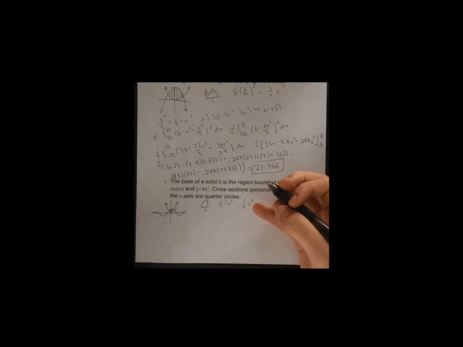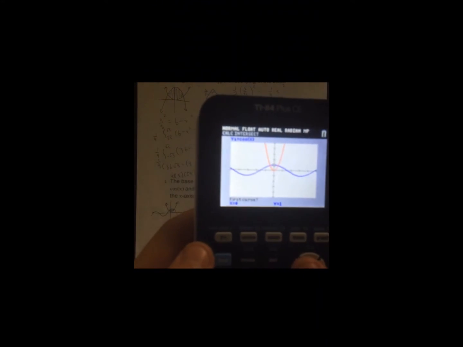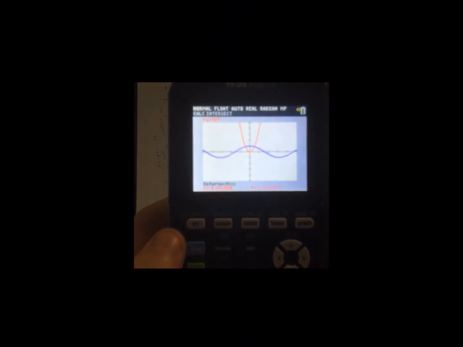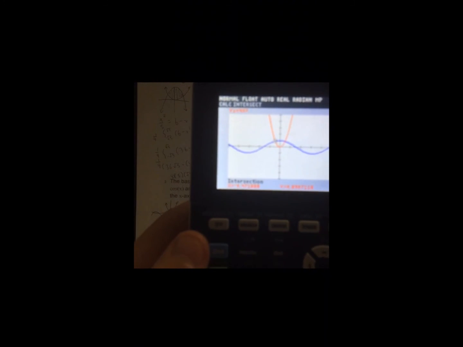And for this equation to work, we must find the x-intercepts. The only way to do that pretty much is to do it on a calculator. So I already have the graph set up right here, and we're going to click calculate and go to intersect. We choose the first one, the second one, and it gives us the point, I don't know if you can see it, but it's 0.472 on the x-axis.